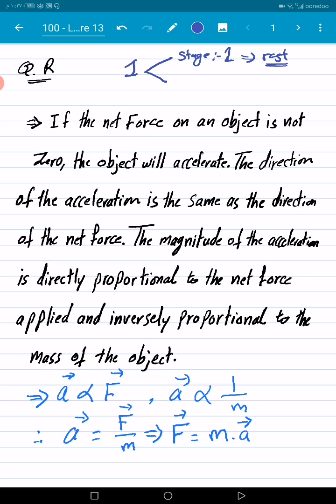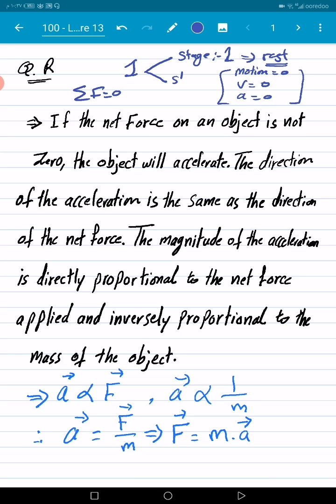There is no motion, so motion is equal to 0. If the motion is 0, the velocity is 0 and the acceleration is also 0. That means the object is balanced, or in equilibrium. How do we find this stage? When the sum of the forces is equal to 0.